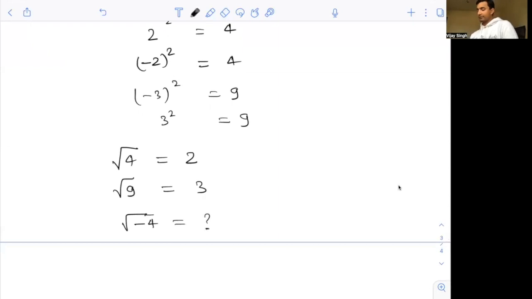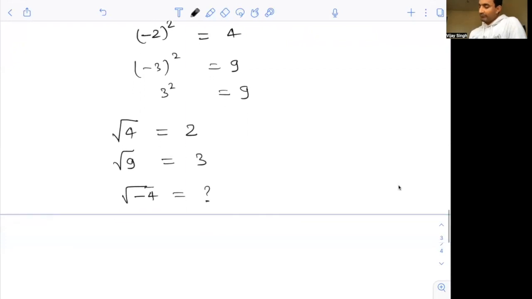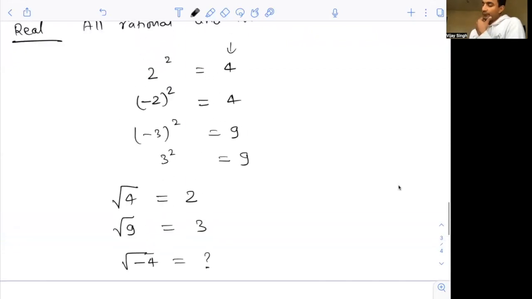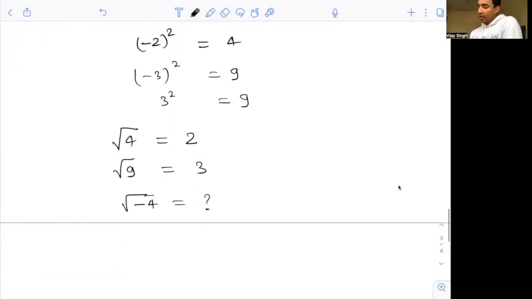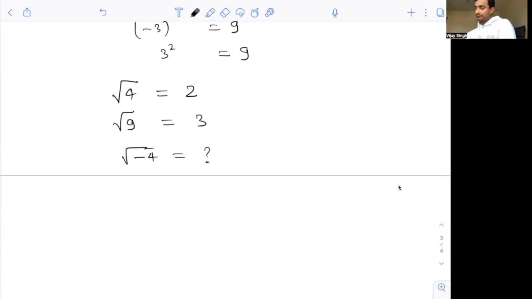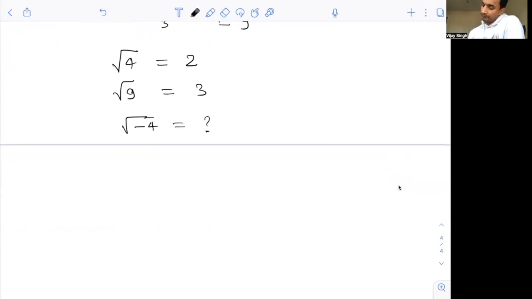In this case, because the square operation of all real numbers will give you a positive value, we cannot actually define the operation of square root on the set of real numbers. So we need another operation and another set of numbers. First of all, let's look at this number, minus 4.